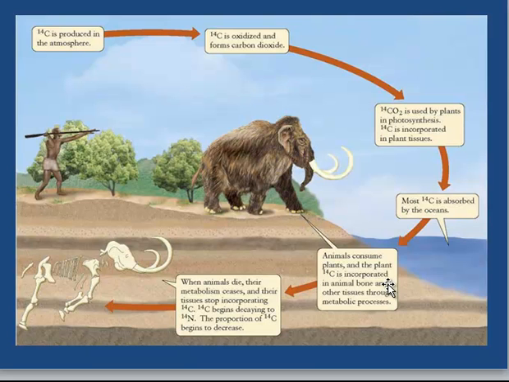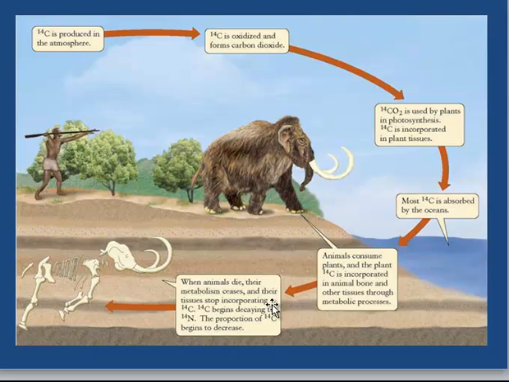So all herbivores have some radioactive carbon in them, and then carnivores eat the herbivores, so they have radioactive carbon in them. That process continues as long as the organism is alive. It will continue to take in fresh, as it were, radioactive carbon. Very small percentage, but nevertheless measurable.